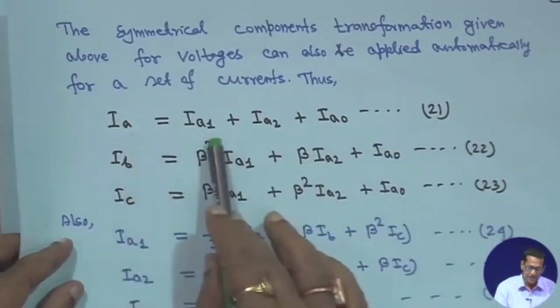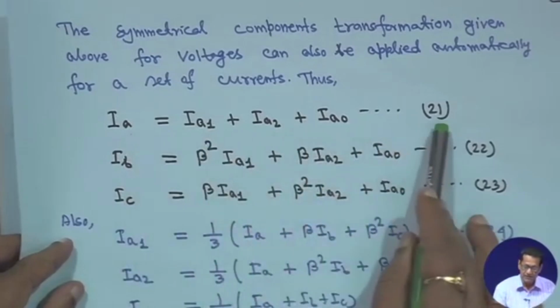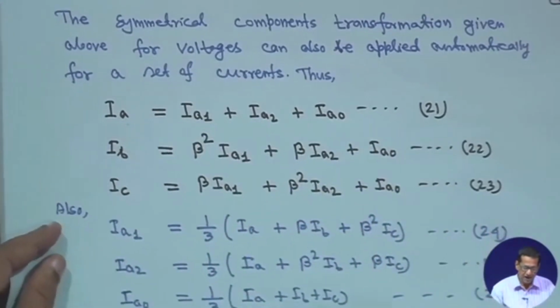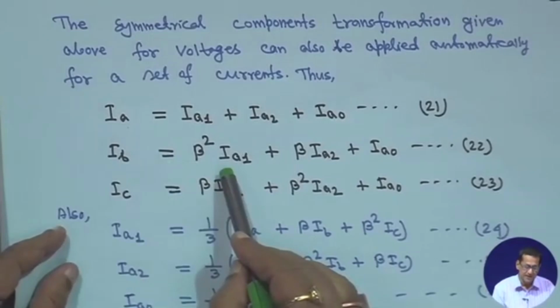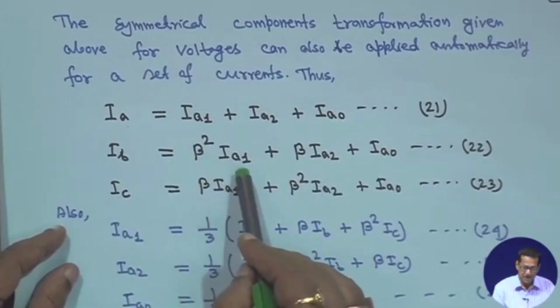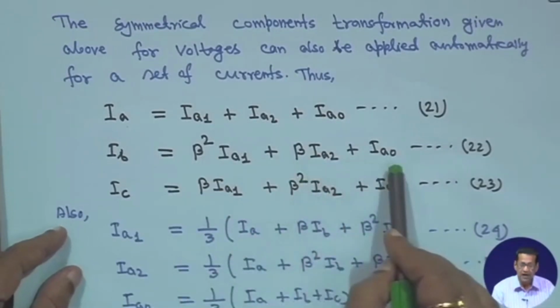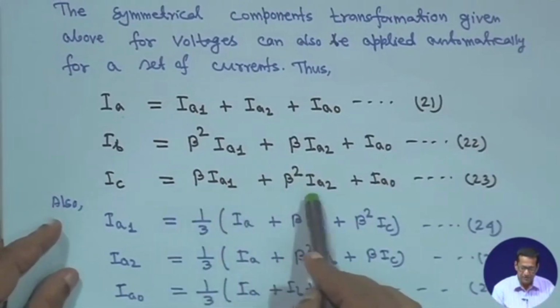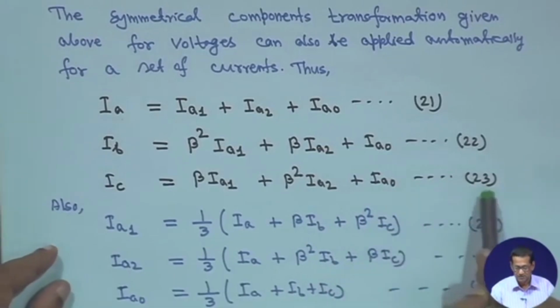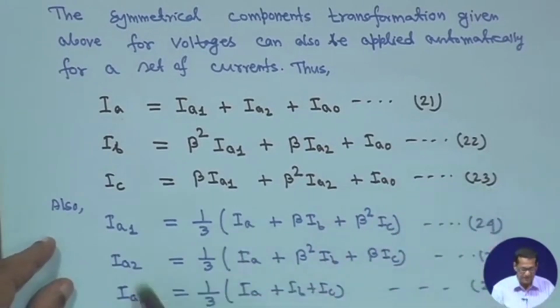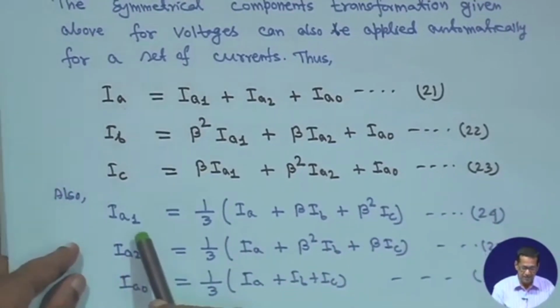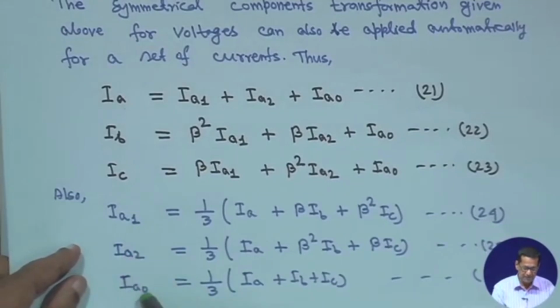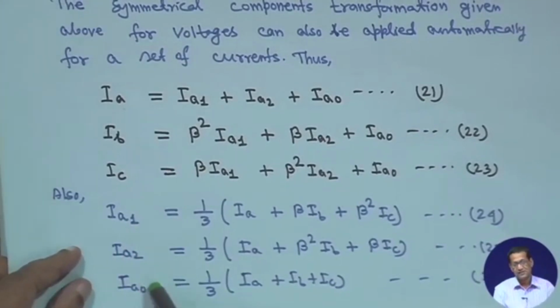Therefore, I a is equal to I a1 plus I a2 plus I a0, this is equation 21. I b is equal to, same as voltages, beta square I a1 plus beta I a2 plus I a0, and I c is equal to beta I a1 plus beta square I a2 plus I a0. This is equation 23. Same as voltage, you will get the positive, negative and zero sequence components of phase A.